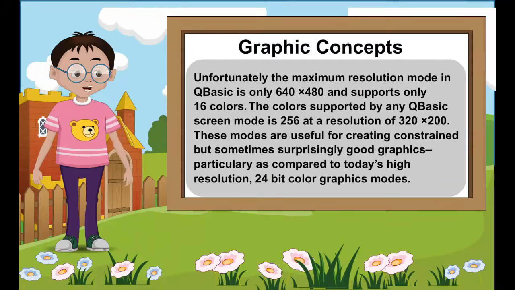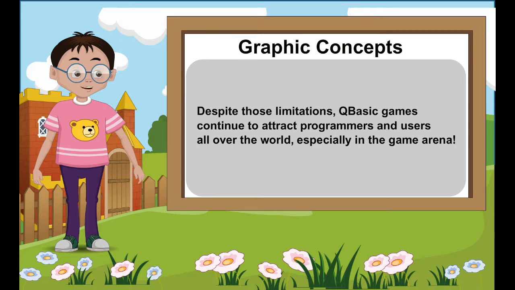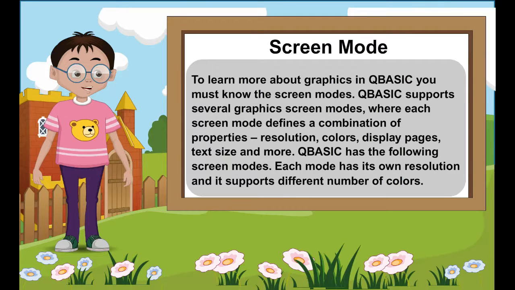These modes are useful for creating constrained, but sometimes surprisingly good graphics, particularly as compared to today's high-resolution 24-bit color graphics modes. Despite those limitations, QBasic games continue to attract programmers and users all over the world, especially in the game arena.